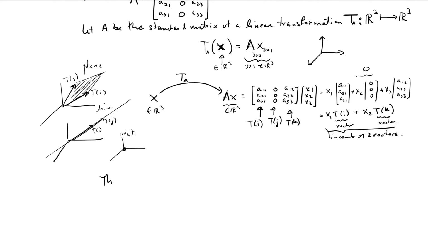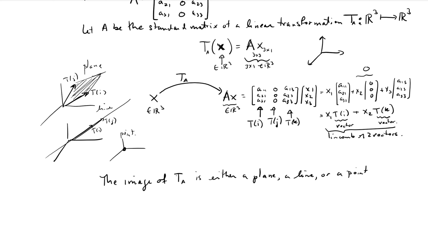I can write this here. The image, not of R3, but the image of the function. So the image of T, maybe I'll write T of A, is either a plane, a line, or a point.